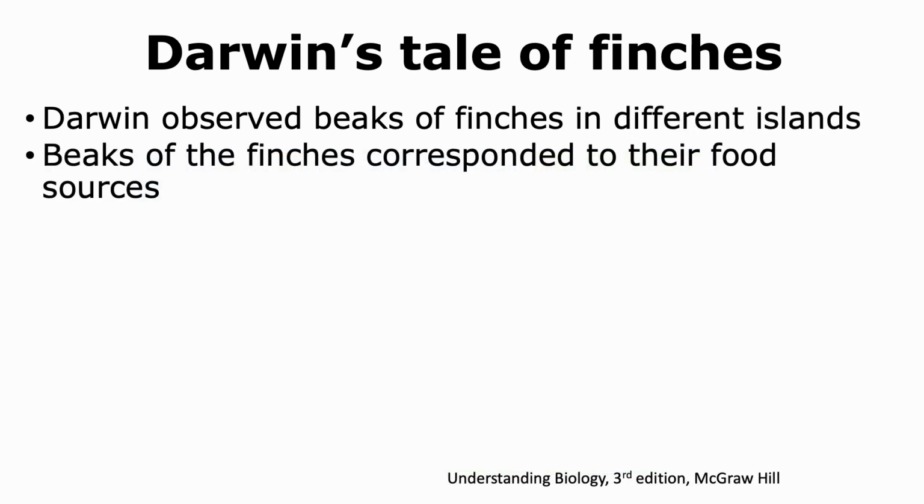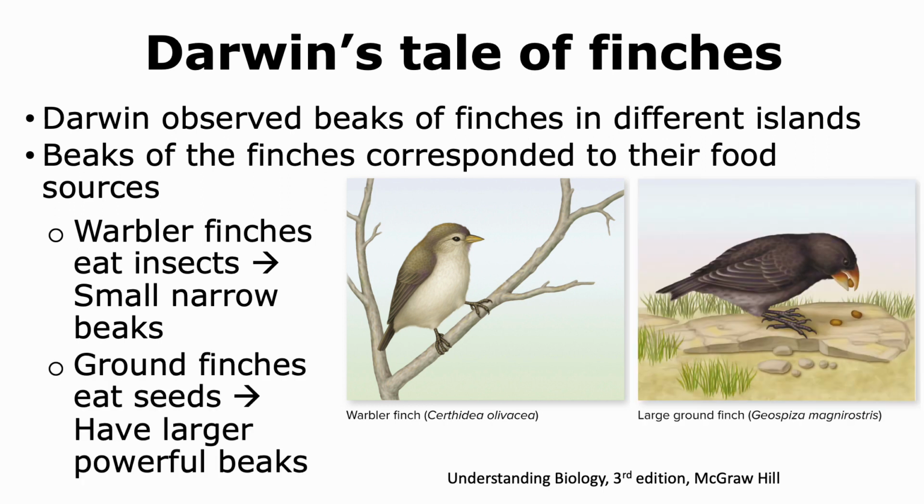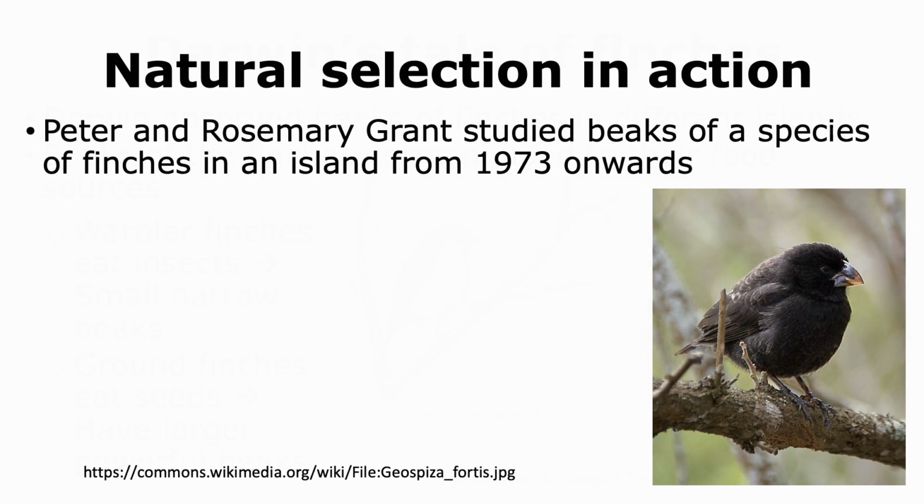He found that the beaks of the finches corresponded to the type of food that they ate. For example, warbler finches are known to eat insects, and their beaks are small and narrow. However, ground finches are known to eat seeds, and so to crush the seeds, they tend to have larger, powerful beaks.